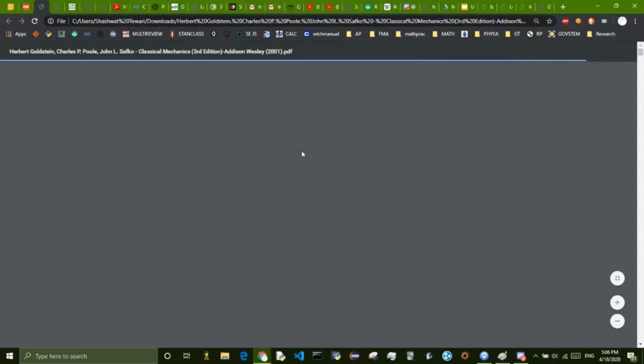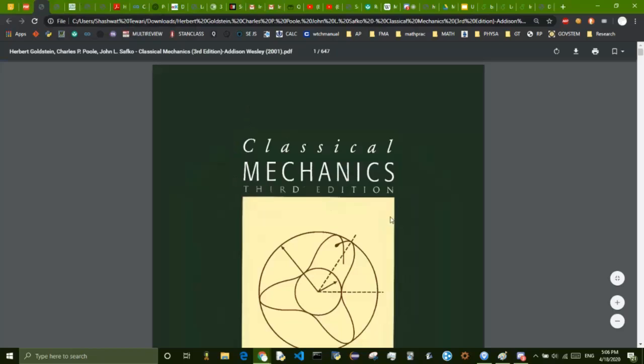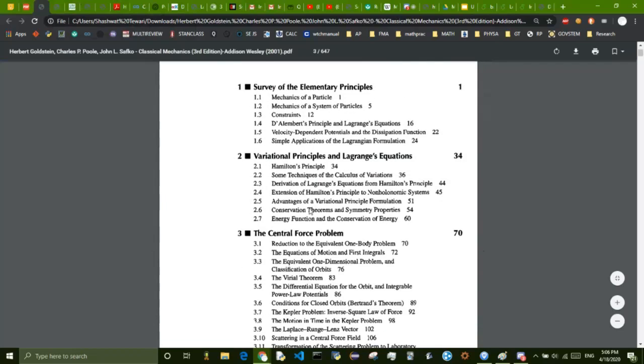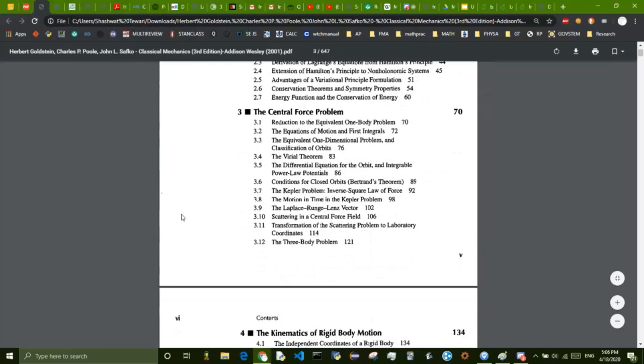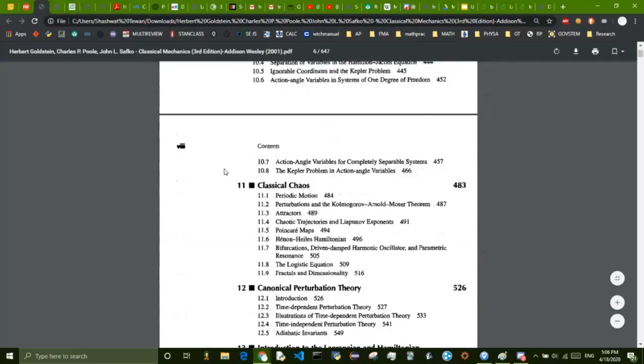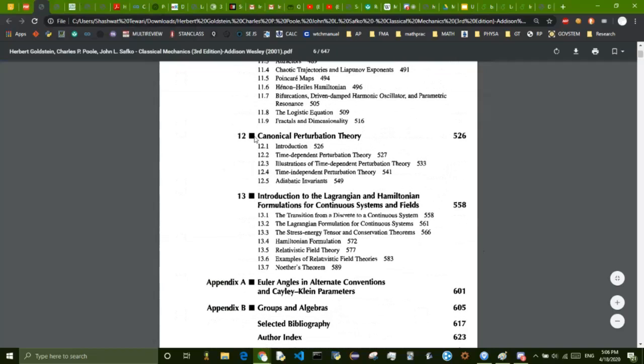Especially this one. This is my end goal textbook. I don't want to say it's way out of my league, but it's basically way out of my league, right? It has the nice thing about classical mechanics: if you go far enough, right? Canonical transformations, perturbation theory, and continuous systems and fields, right?